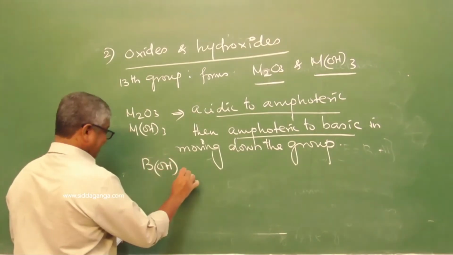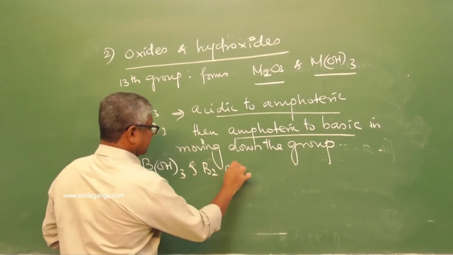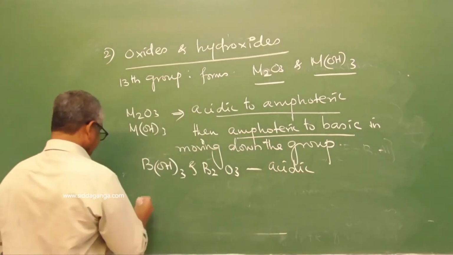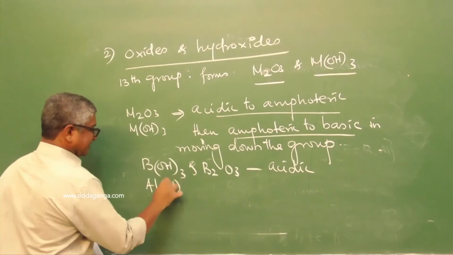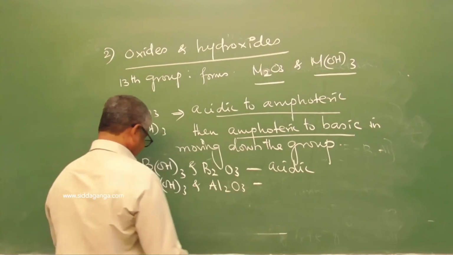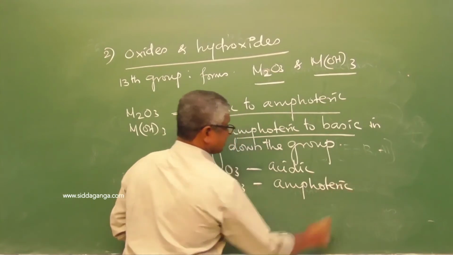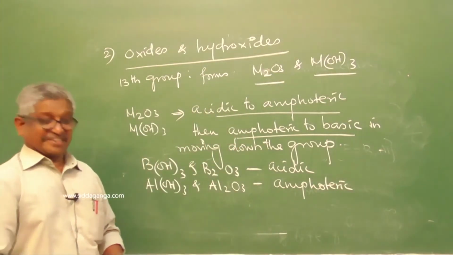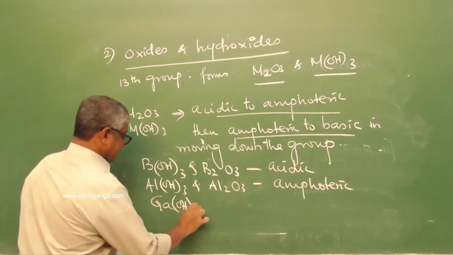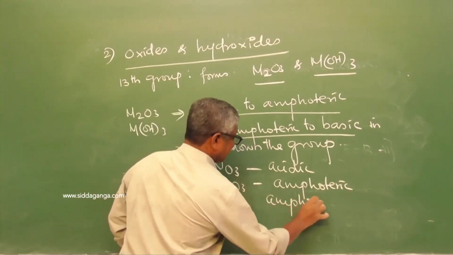Examples: B(OH)3, boron trihydroxide, and B2O3 are acidic. Al(OH)3 and Al2O3 are amphoteric, meaning they react with acid as well as base. Gallium hydroxide is amphoteric.